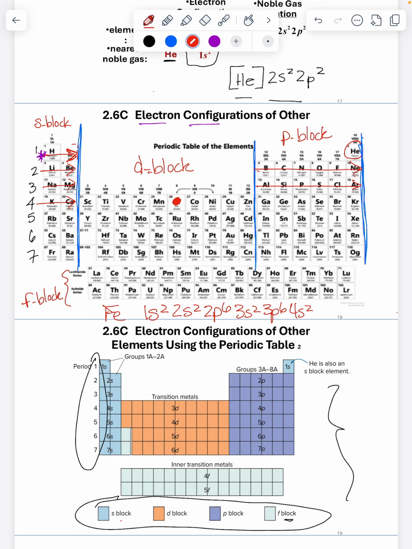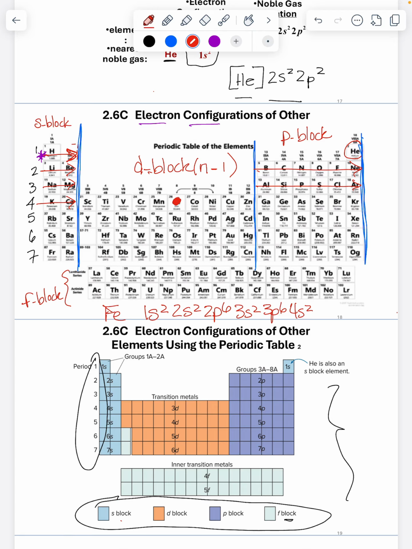Now here's where something changes. So our next block is the D block. And notice it's located on the 4th energy level. But there's something special about the D block. Whenever you get to the D block, when writing electron configuration, you take the N number, which is the period number, minus 1. N minus 1. So be sure and write that on your periodic table. Once you get to the D block, you have to subtract 1 from the period number. So instead of writing 4D, we're going to take 4 minus 1, which is 3.